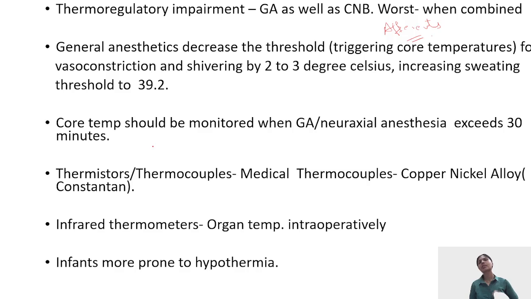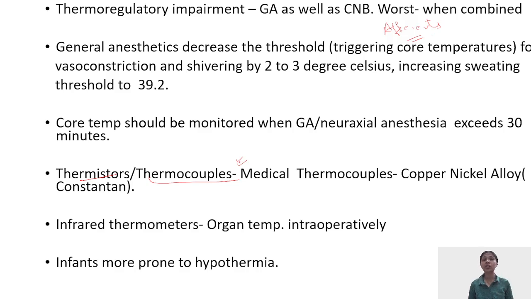See, when we talk about how we are going to monitor, we are not going to go into detail about the instruments that are used for monitoring of temperature in the operation theatre. The only thing that you all have to know is that we have something known as thermistors and thermocouples which are used for monitoring in operation theatres.